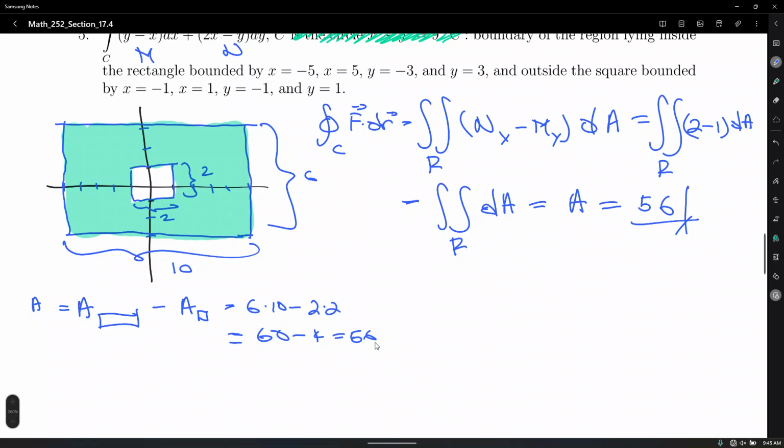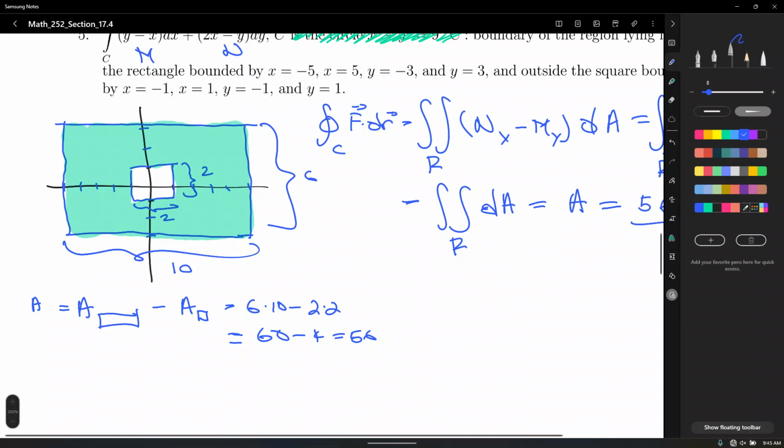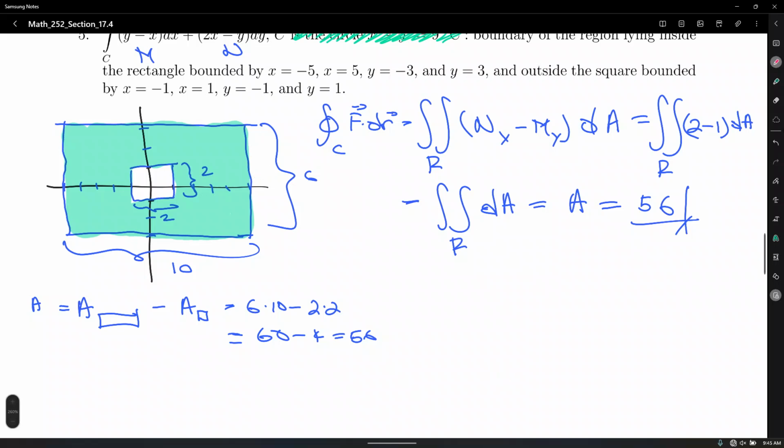Look at this. How would you evaluate this line integral without Green's theorem? Check this out. You can do it if you want. C1, C2, C3, C4.